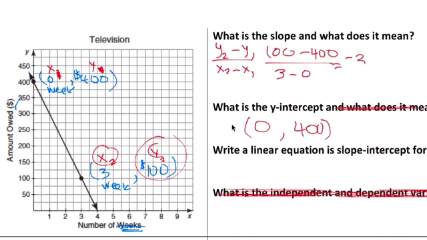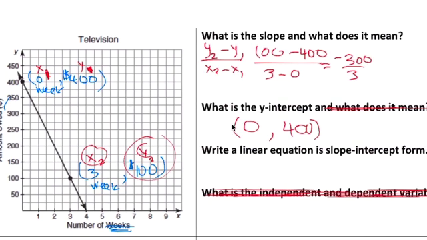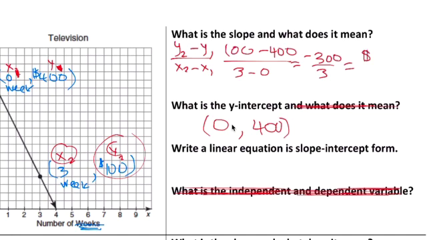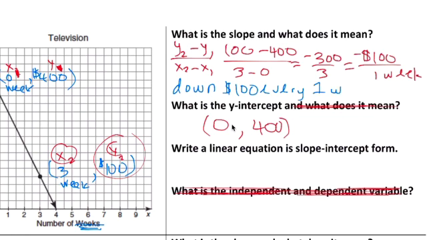So -300 over 3, which is -$100 in 1 week. So basically, because it's negative, it means down $100 every 1 week.